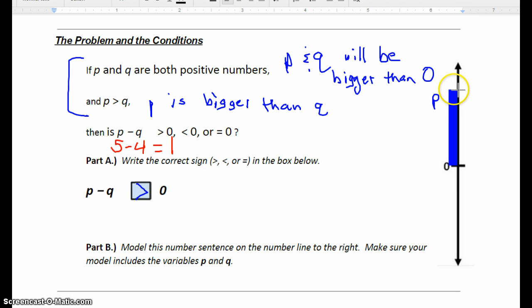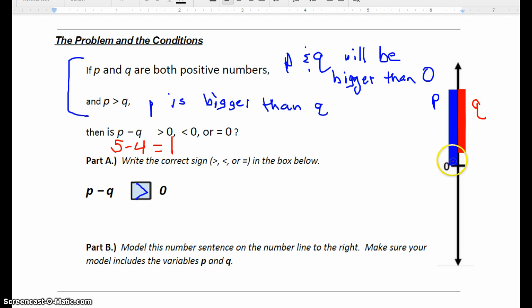So from the end, from that distance, this distance is P as a number. I'm taking away Q. I know Q is a smaller number, so that means it is a bar that is not as long as P. It can't be. Otherwise, if this bar was the same size, P and Q would be equal, but they're not. Q is smaller than P.